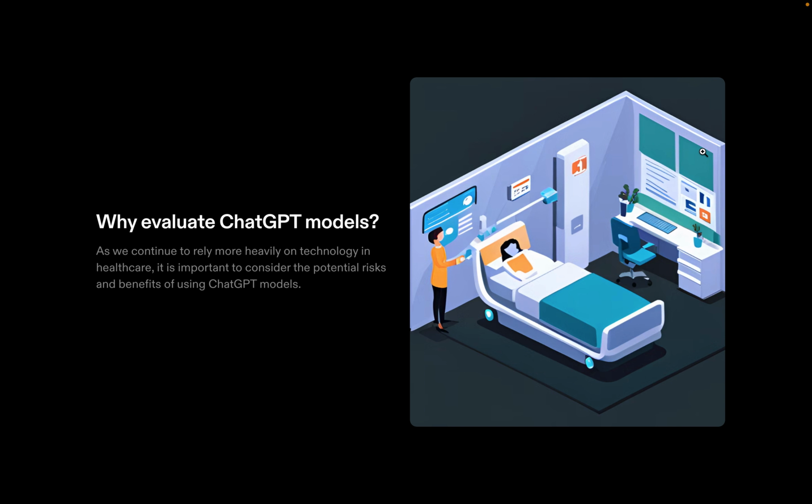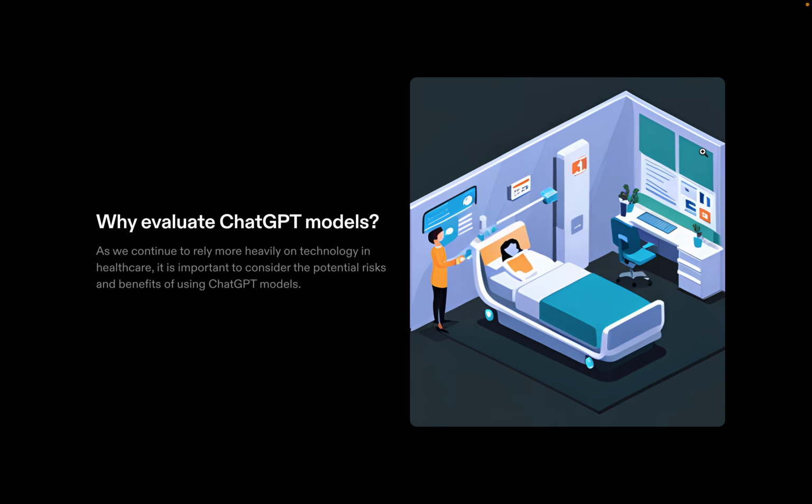But why? Why evaluate these AI models? In fact, we tend to be heavily reliant on technology, especially in the healthcare field. And these models have the potential to improve the outcomes and streamline the patient process. But they do have the risk as well, about which we already discussed.